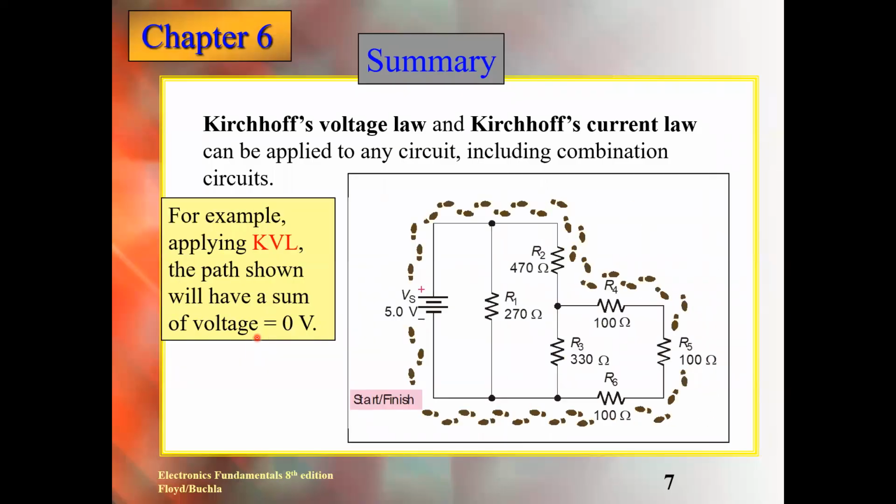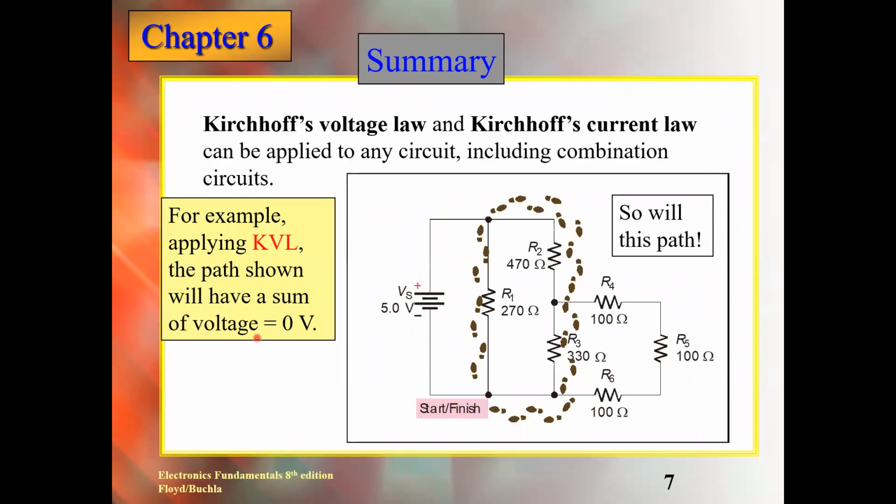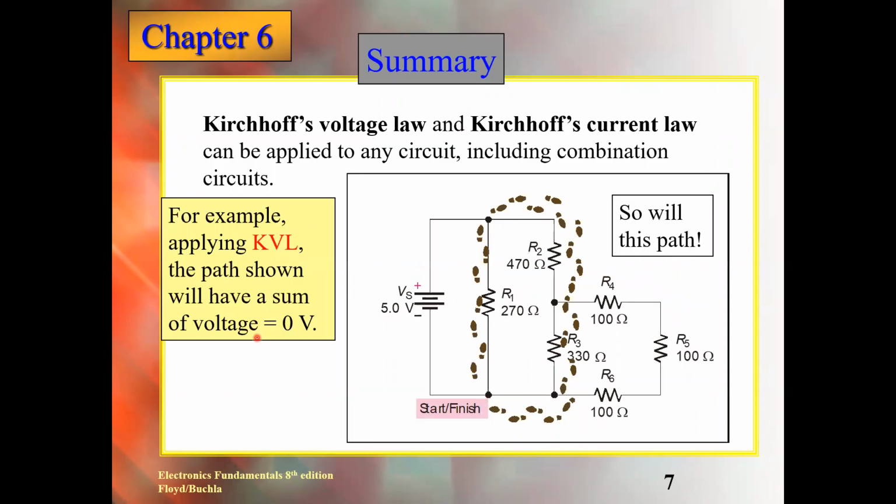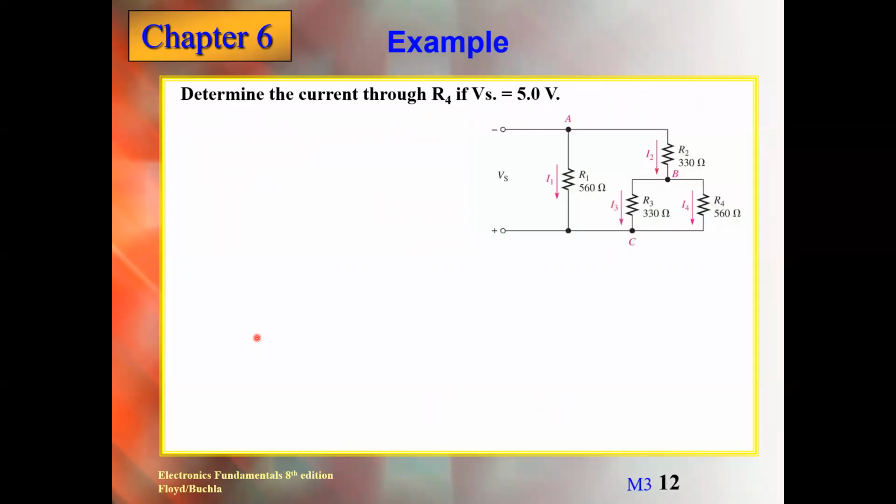You can apply it to any closed path, either here or here, anywhere. The path shown will have a sum of voltages equal to 0. We know that one, so the same thing you can apply there.